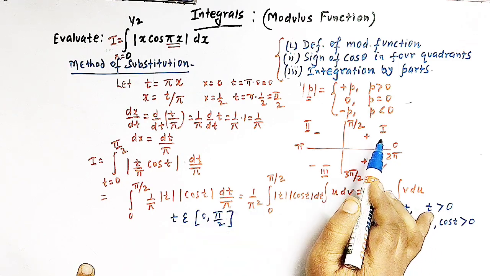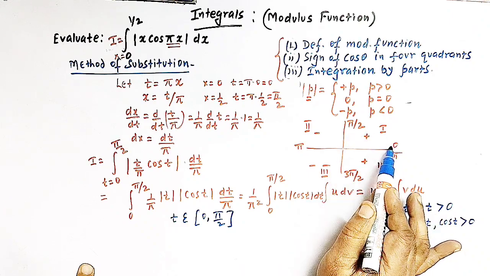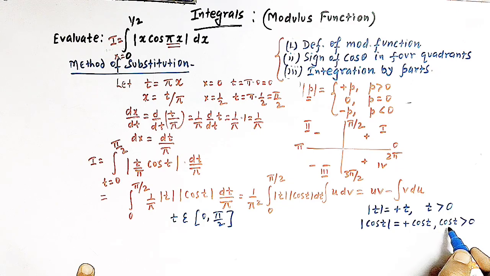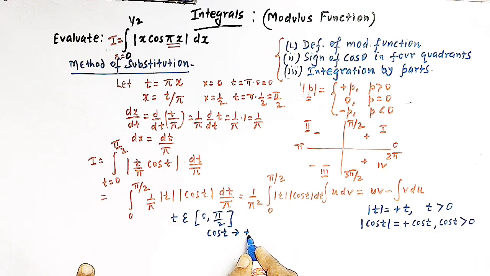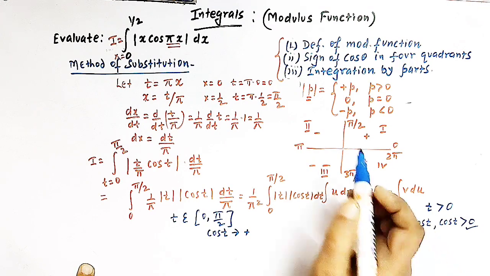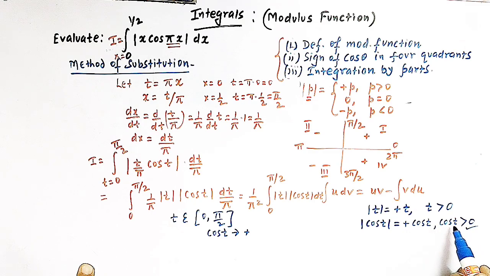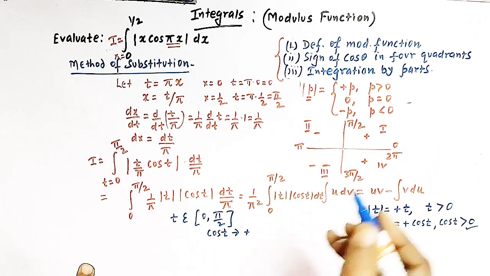So we are in the first quadrant, that is from 0 to pi by 2. And when we are in the first quadrant, then the cosine function, that is cos of t, is positive, and positive implies that cos of t is greater than 0. So mod of cosine t can be written as positive cosine t when cos of t is greater than 0, and when t belongs to this interval, that is in the first quadrant, then the cosine function is positive, right?